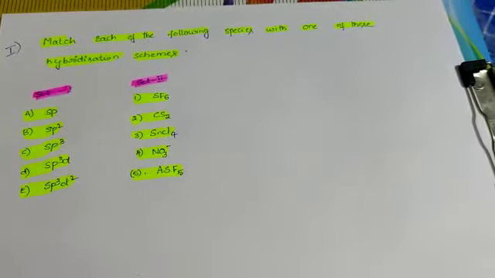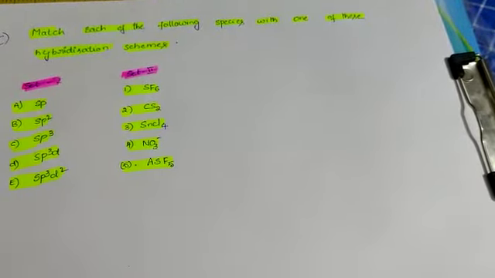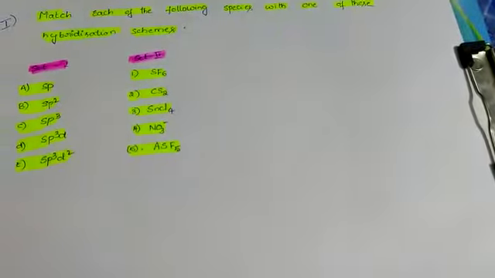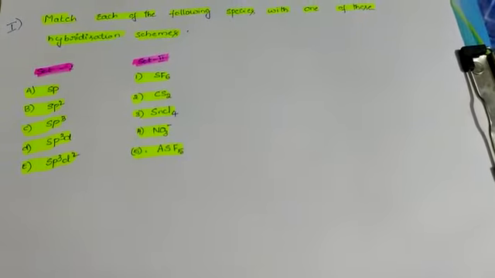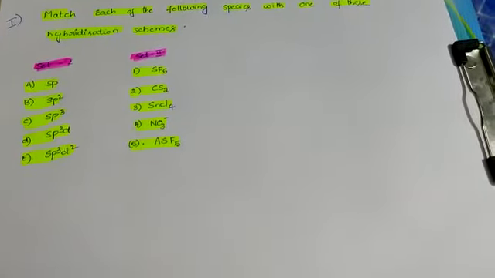Today I have to explain calculation of hybridization of given molecules. The question is: match each of the following species with one of these hybridization schemes. Set 1: sp, sp2, sp3, sp3d and sp3d2.